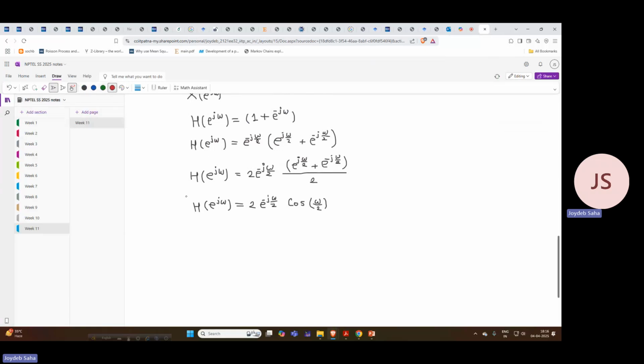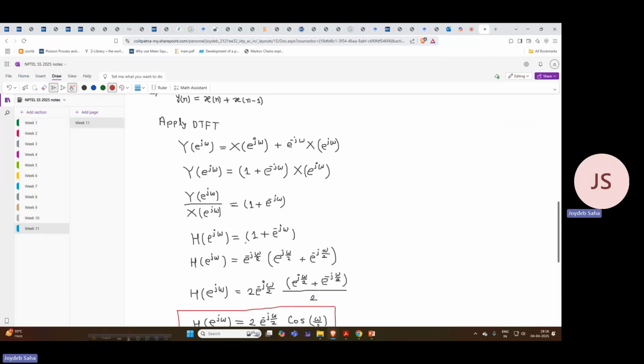Right? So this is H of e to the power j omega.